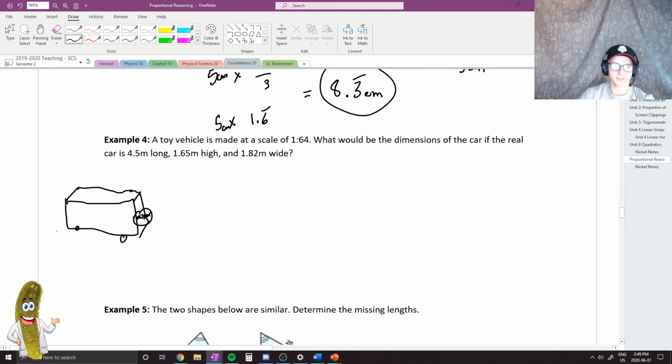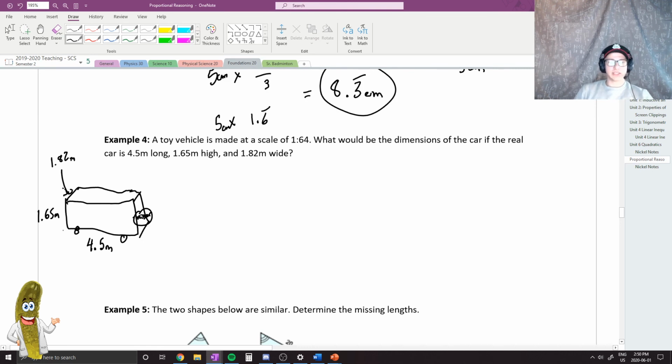Here are the little wheels. Nissan Cube is not a very good looking car. But it was 4.5 meters long, so this side length is 4.5 meters. It's 1.65 meters high, and it's 1.82 meters wide. And this value is 1.82 meters, like such.